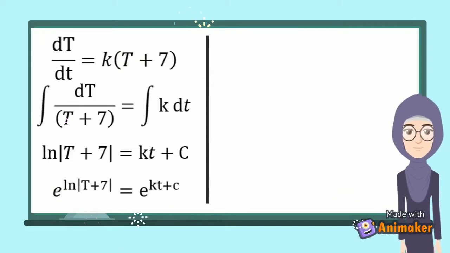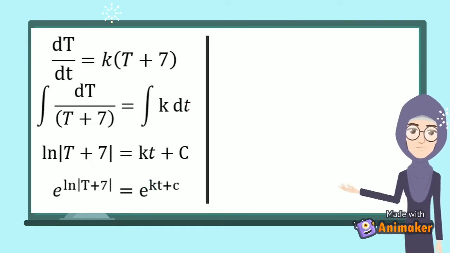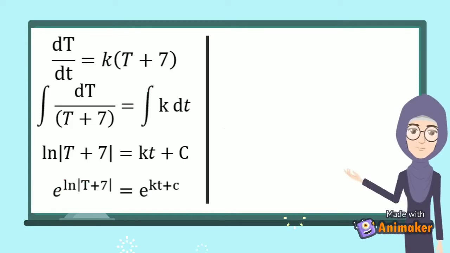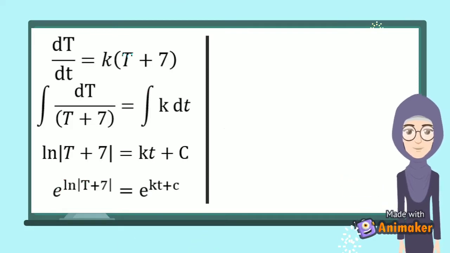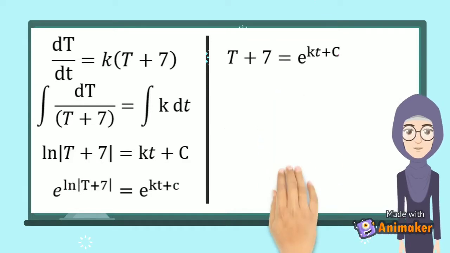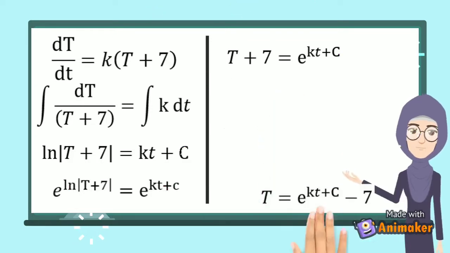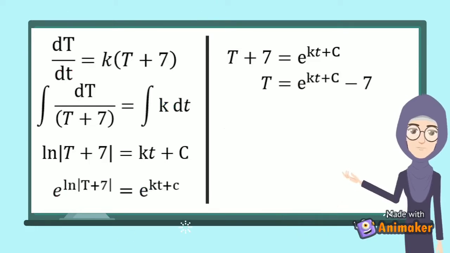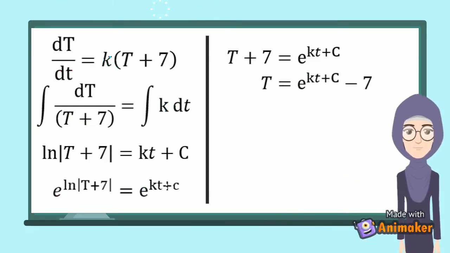Then, put in the base number exponent on both sides of the equation. Note that exponent and ln will cancel each other out, leaving us with T plus 7 equal to e to the power of kt plus c.